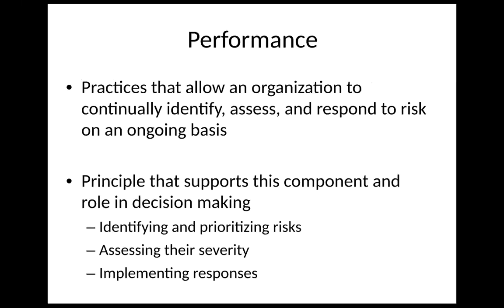Performance comprises the practices that allow an organization to continually identify, assess and respond to risk on an ongoing basis. It's also the principle that supports this component in decision making. So the idea is how do we identify and prioritize a risk, assess its severity, and then implement the responses. These are the words used within the standard.